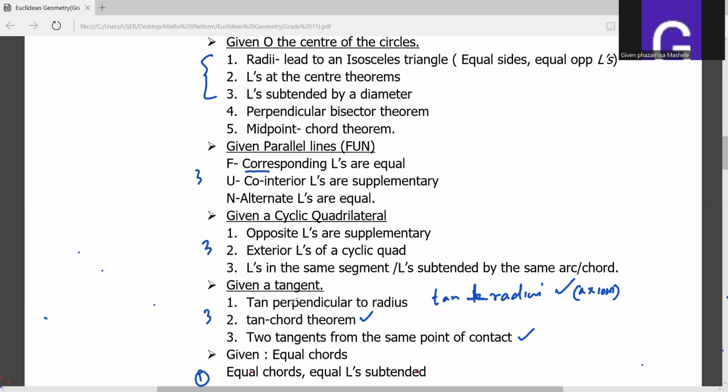So when we are given chords that are equal, it's also an axiom which says equal chords, equal angle subtended.